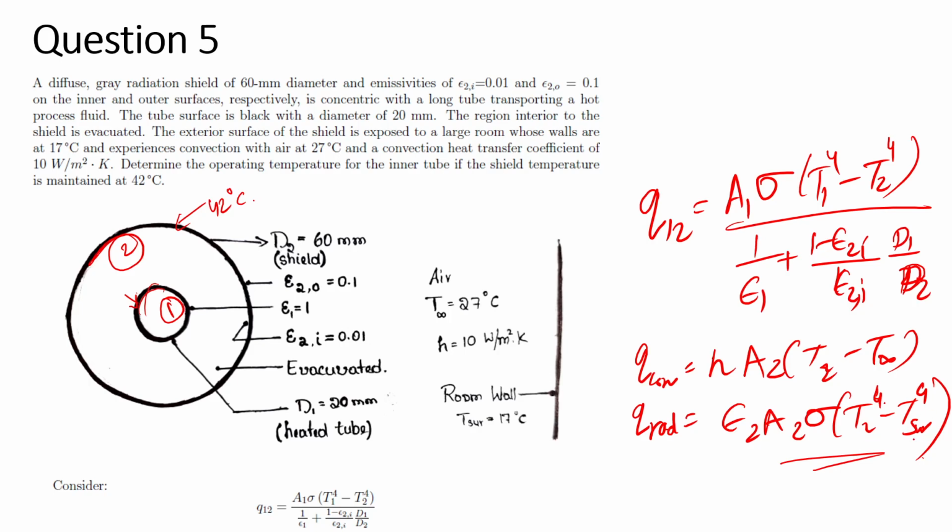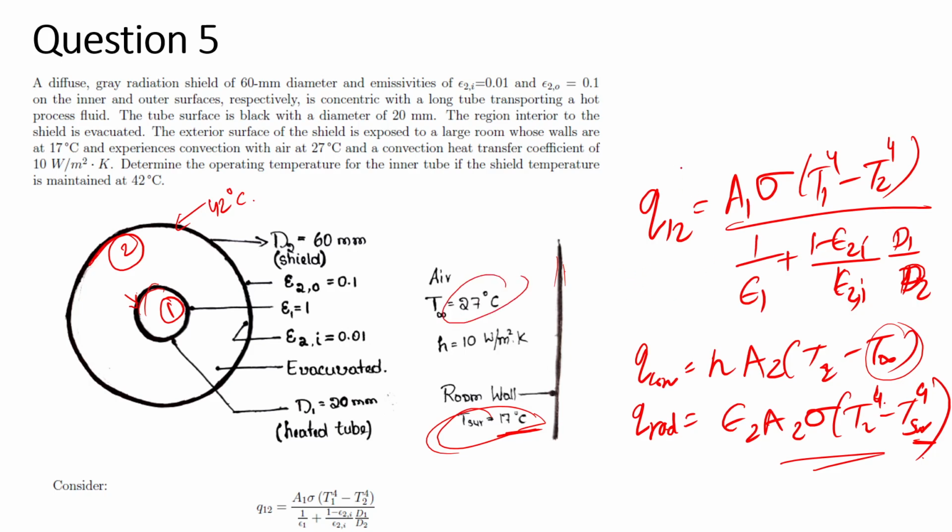Over here, if we consider this radiation, then the radiation will be due to this wall that is present over here. So T surface here is given as 17 degrees Celsius, whereas the ambient air temperature under which the convection will take place is around 27 degrees Celsius.